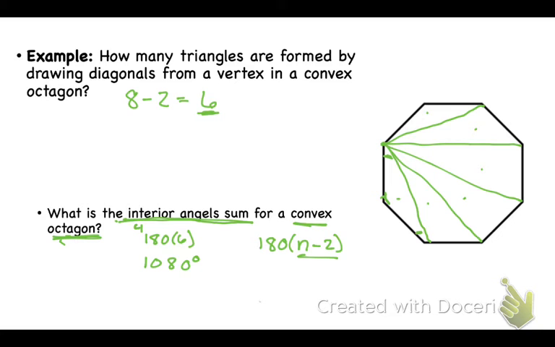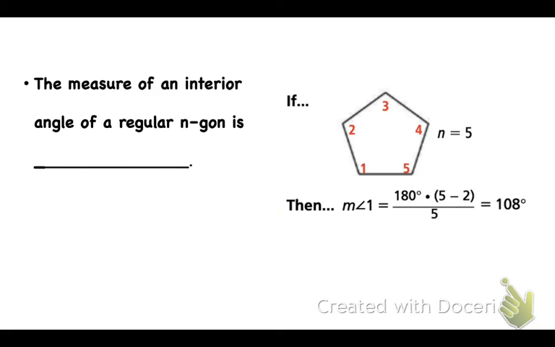N is the number of sides. N minus 2 is the number of triangles. Ryan, you get that? Any other questions? Pretty basic? It's going to get harder.